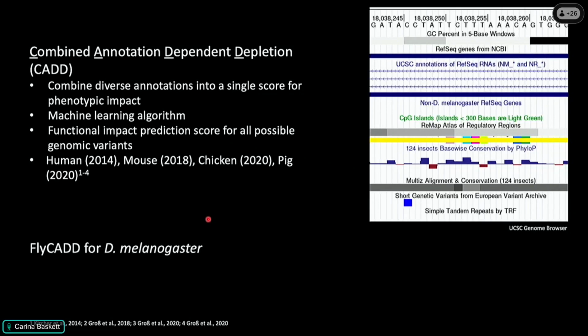This is just a screenshot from the UCSC genome browser that already shows some annotations, but there are a lot of databases with a lot of information, also on evolutionary conservation, on epigenetic data, regulatory regions, and all of this can be used to make a FlyCADD.